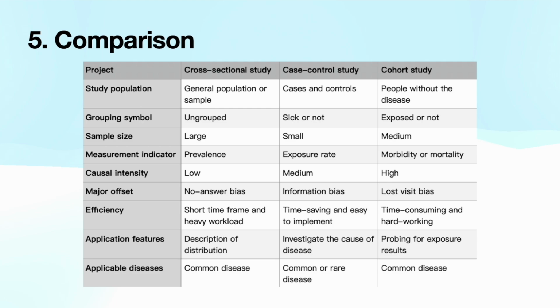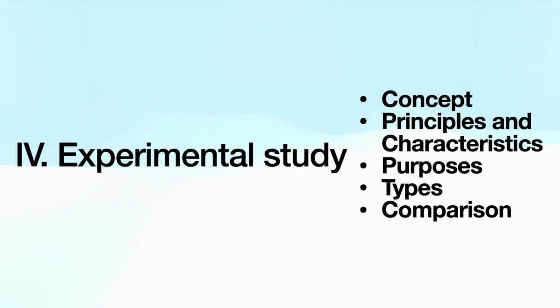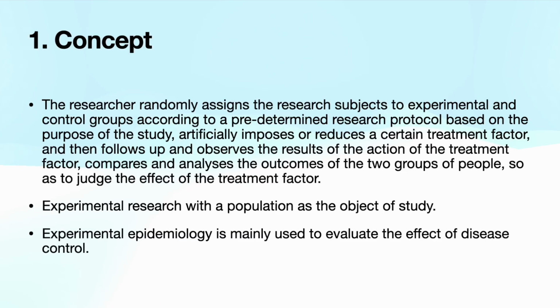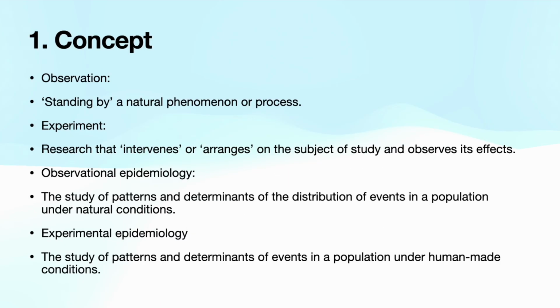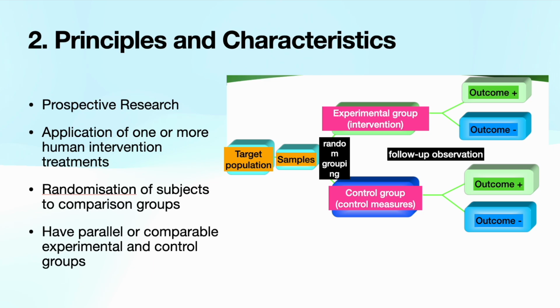Here's a table summarizing the characteristics of the 3 observational studies mentioned above to help you better distinguish between them. The final one is experimental study. Here are some concepts. It belongs to prospective research and it applies one or more human intervention treatments. The subject is usually randomly allocated to comparison groups, and it has parallel or comparable experimental and control groups.